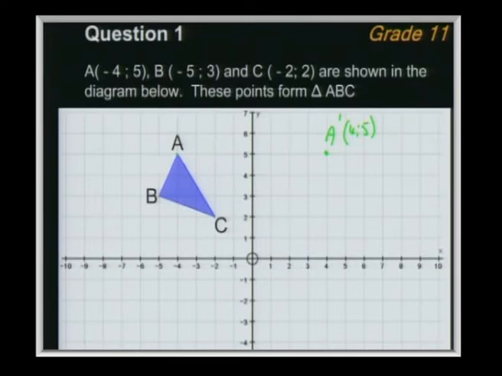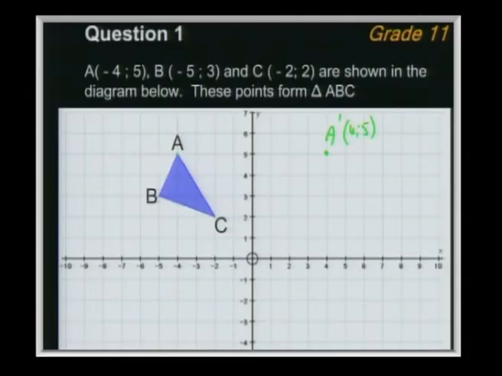Let's do the same with point B. Point B is minus 5, 3. Once again, we remember around the y-axis, the x changes sign. So it's going to become the point 5, 3. Let's put that on the Cartesian plane. And there we go, using our notation, B dash becomes 5, 3.